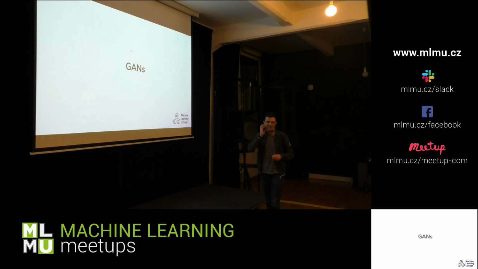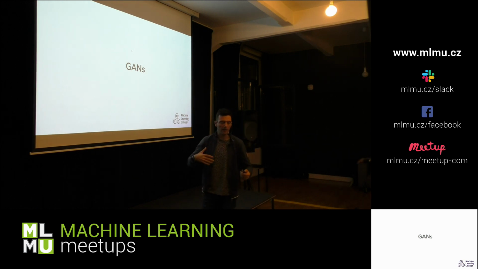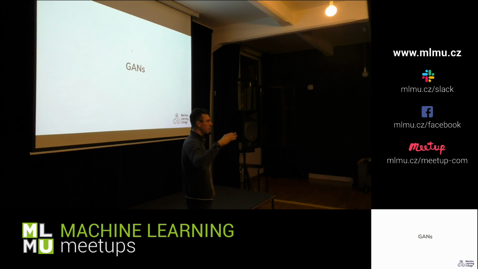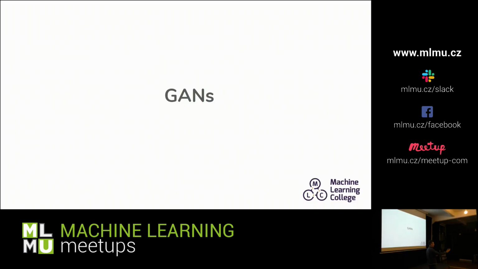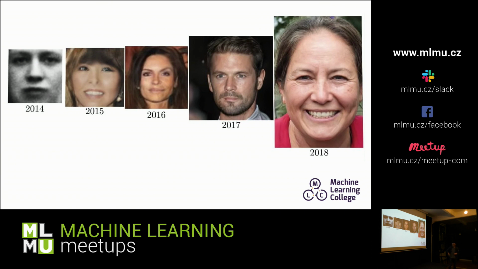The last part of my talk is dedicated to another idea. Until now, we mostly talked about tasks which had an image as input and something else as output. Now we will change it, and the output of the model will be the image itself. I will be talking about generative adversarial networks. Here is a nice example of the output of those models: a model which generates faces of people, and you can see the progression over time.